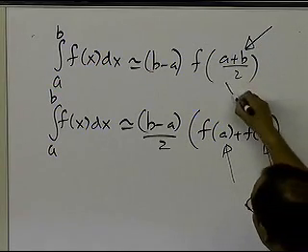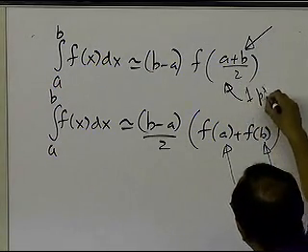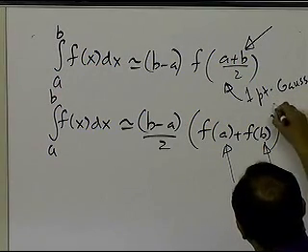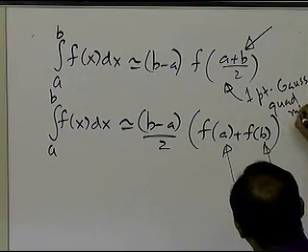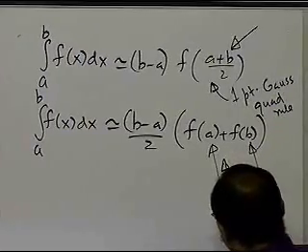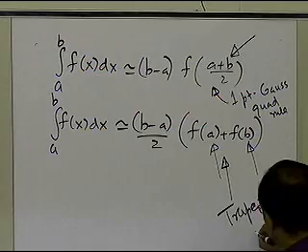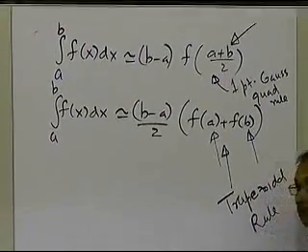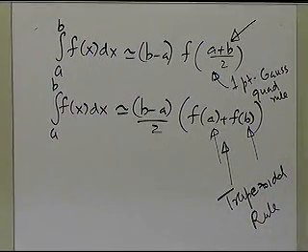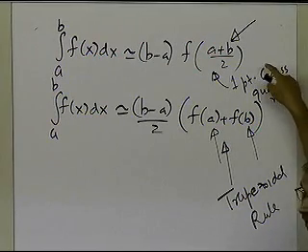So this one is your 1-point Gauss Quadrature rule, and this formula here is your trapezoidal rule. Both of them give you exact results for the integral of a straight line.